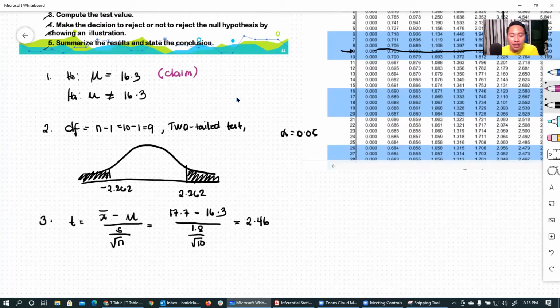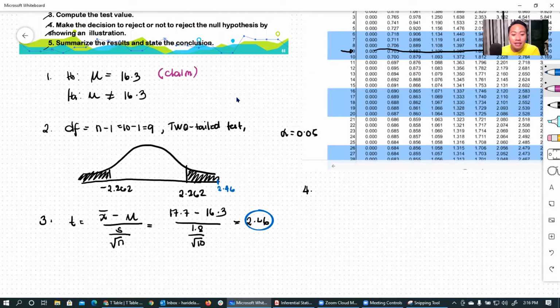Now step 4 is the decision making. Do we accept the null hypothesis or reject it? In step 2, our critical values are 2.262 and negative 2.262. Our test statistic value, 2.46, falls within this rejection portion here.